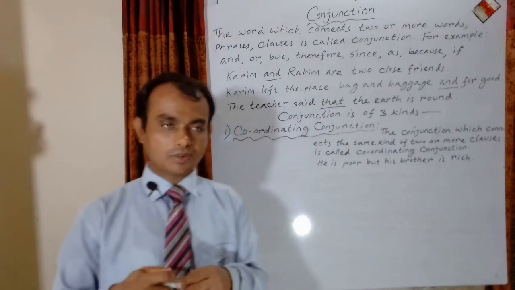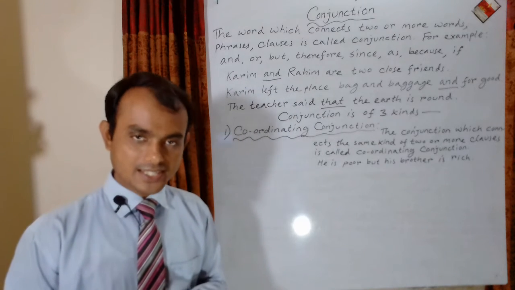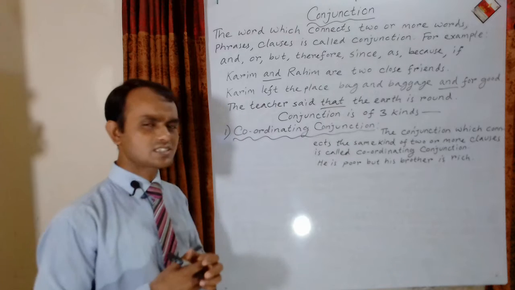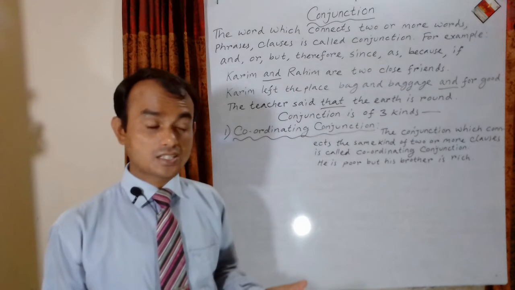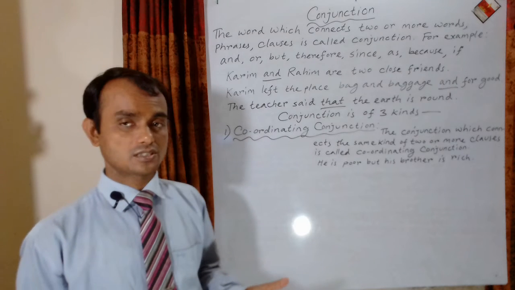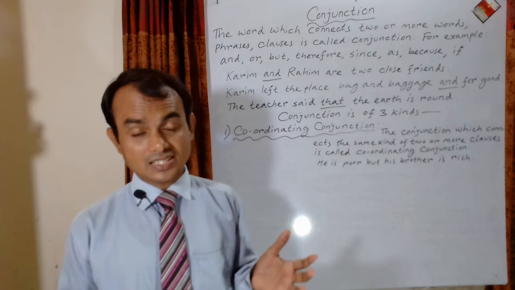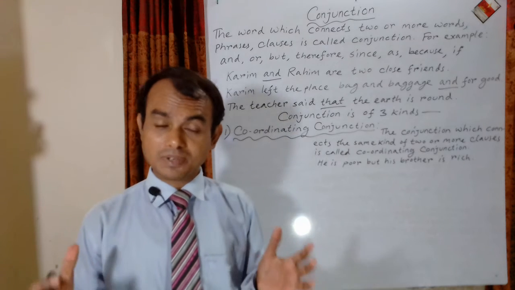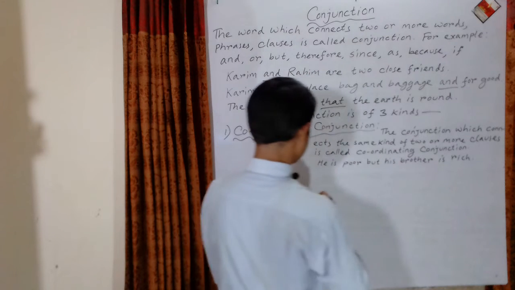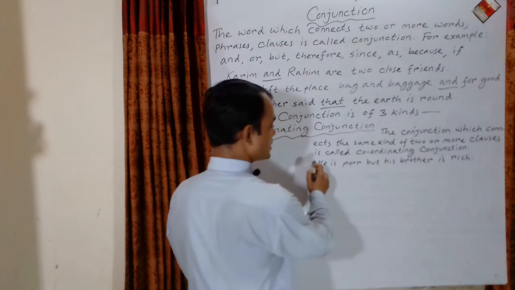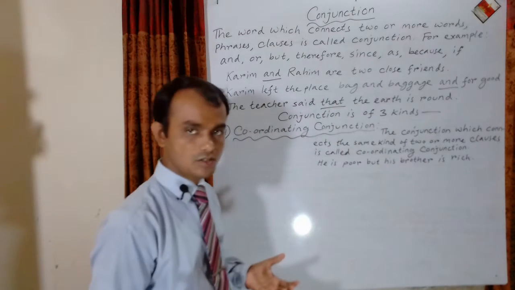Dear students, I have already written the definition of coordinating conjunction with its example. The conjunction which connects the same kind of two or more clauses is called coordinating conjunction. He is poor but his brother is rich. Look at the sentence. He is poor is a clause. His brother is rich is another clause.